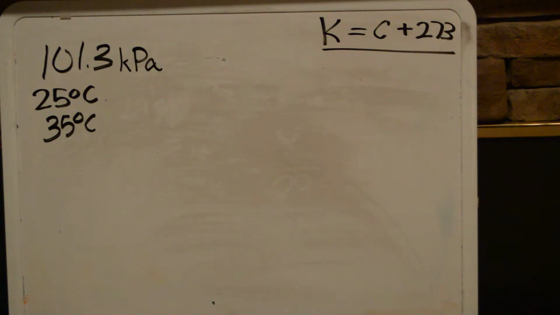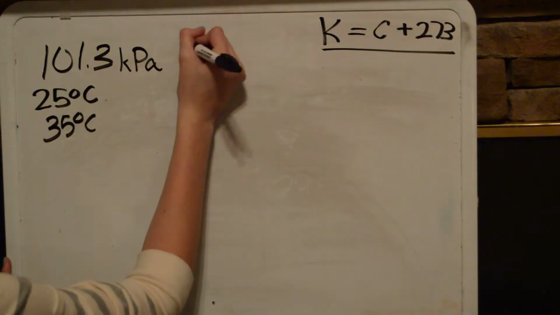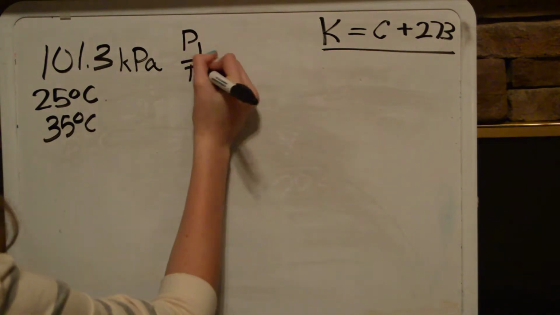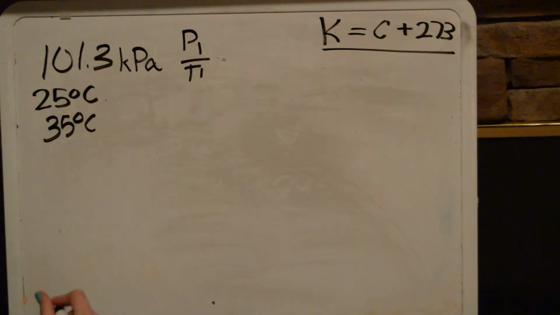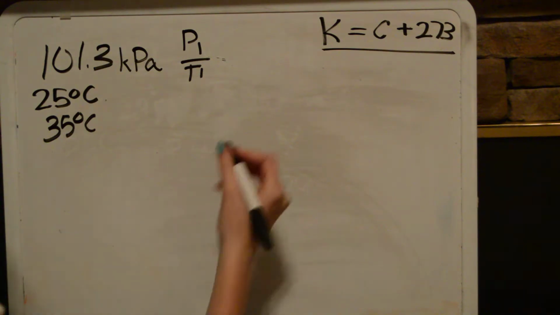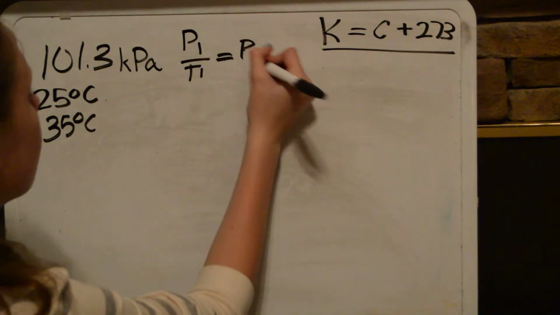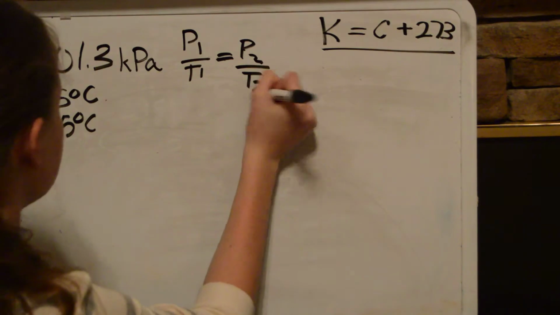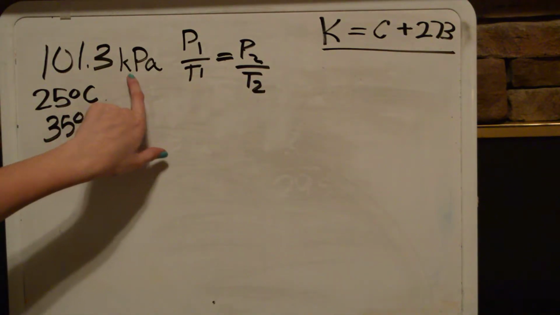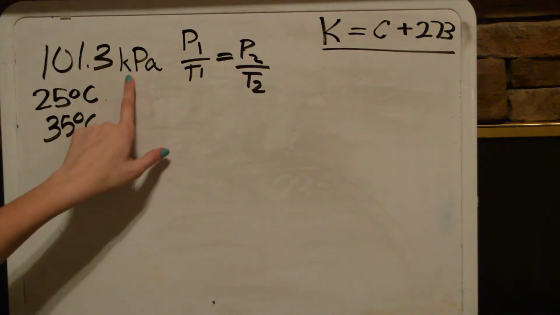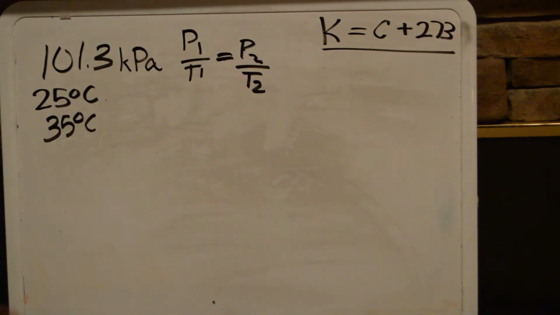But don't, because we're looking at an entirely different formula. We're looking at Gay-Lussac's law. And Gay-Lussac's law states that P1 divided by T1 equals P2 divided by T2. And kilopascals is just another unit to say pressure, so don't freak out.